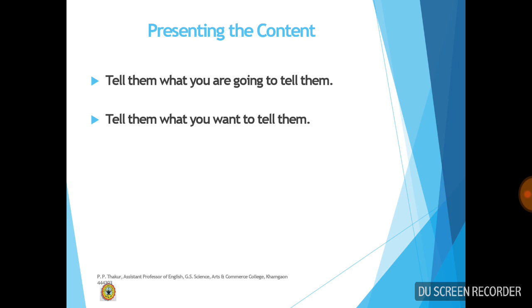Then move on to your actual talk, the main body of your talk. Deliver your talk, elaborate your points, put your arguments forward. Tell them what you want to tell them. That means present your main content, and at the end, tell them what you have just told them.